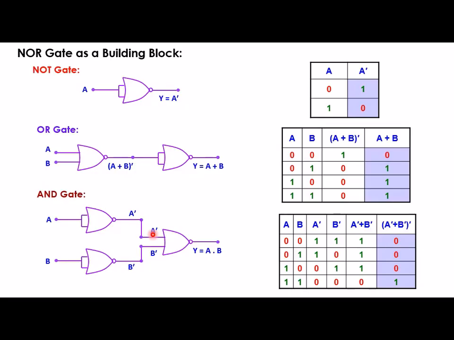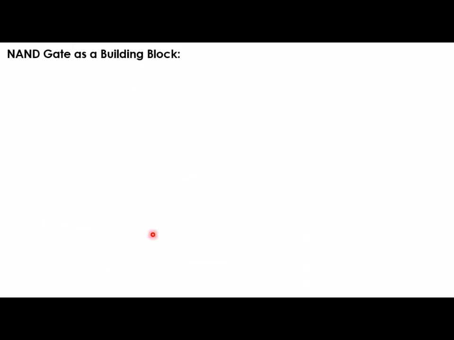Similar to this, we can realize these three gates, NOT gate, OR gate and AND gate, using a NAND gate also. So for that, first let us derive a NOT gate using a NAND gate. This is a NAND gate.